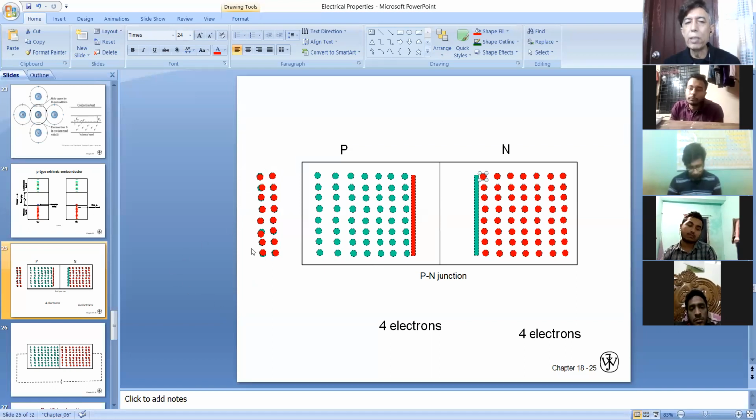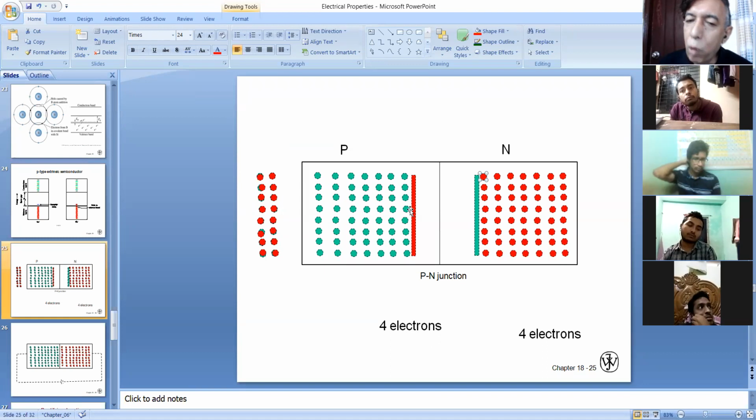In these two cases, it did not happen, because there was no zone of negative charge or positive charge. But now there are two zones of negative charge and positive charge.